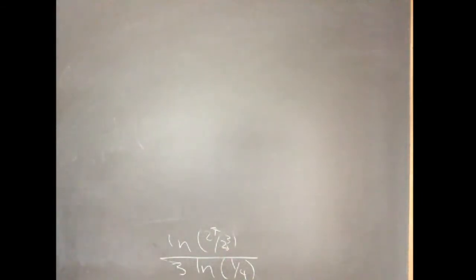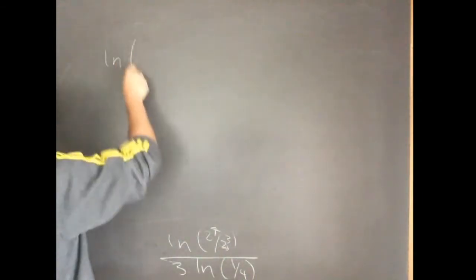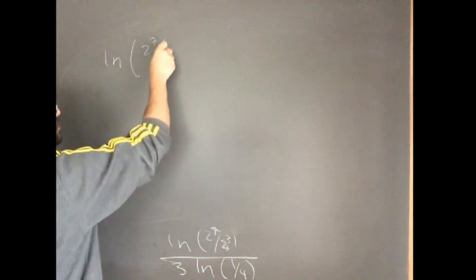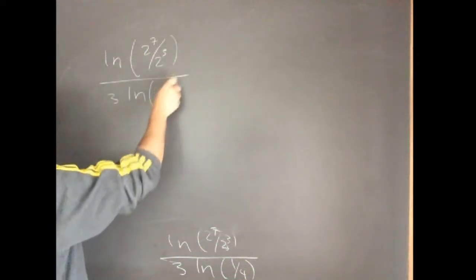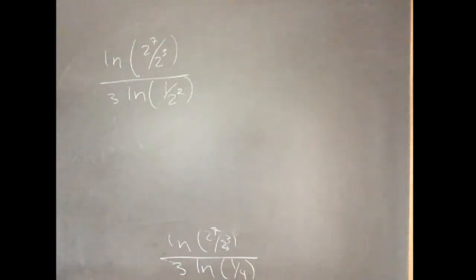Okay? So really, we've got something like this. The natural log of 2 to the 7 over 2 to the 3, divided by 3 times the natural log of 1 over 2 squared, because that 4 is 2 squared.